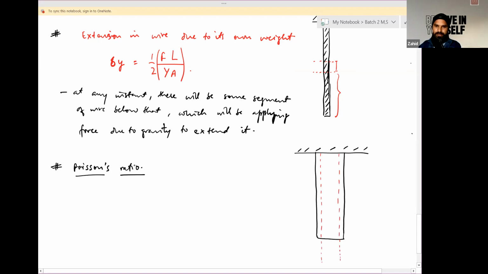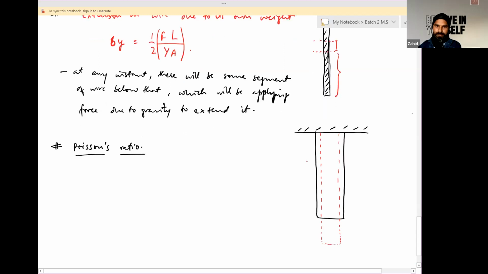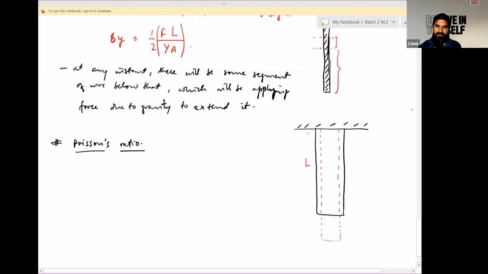So it may acquire this shape. So initial length of wire is this much. On applying deforming force, change in length is this much, due to which there is change in its diameter or radius from this point to this point.